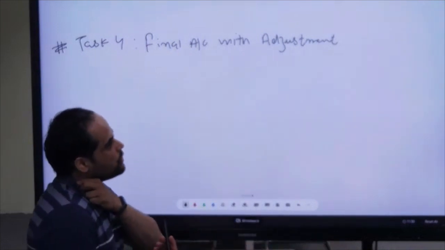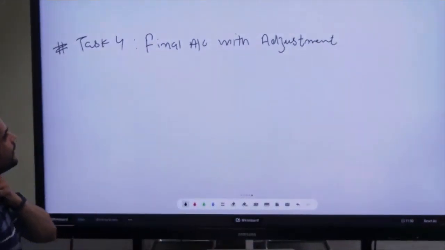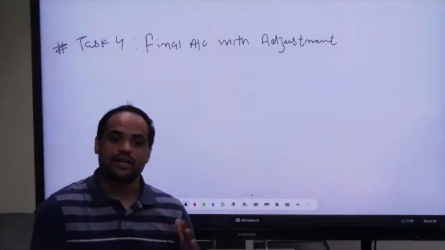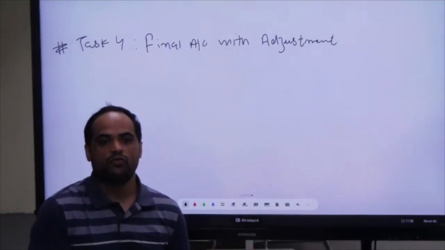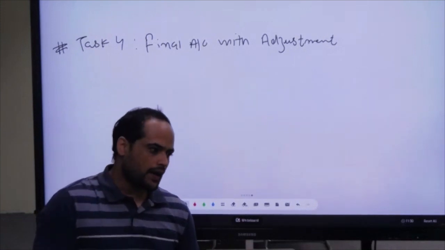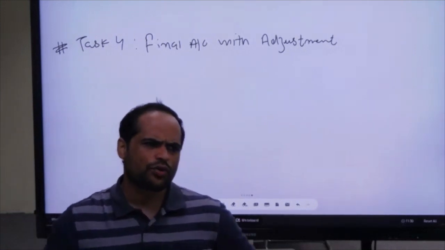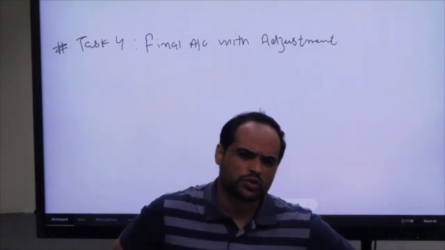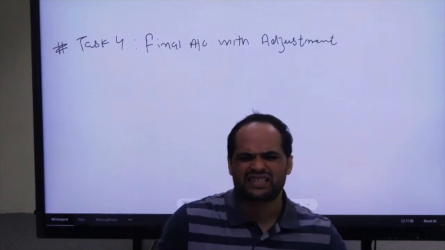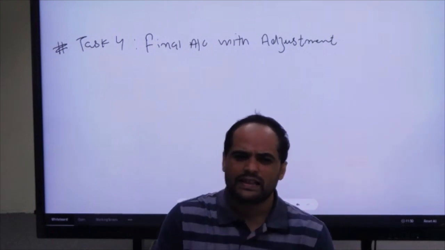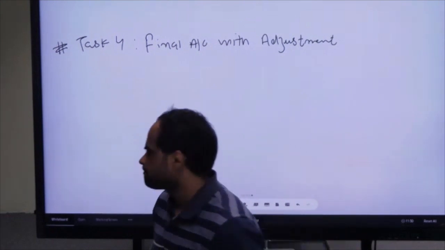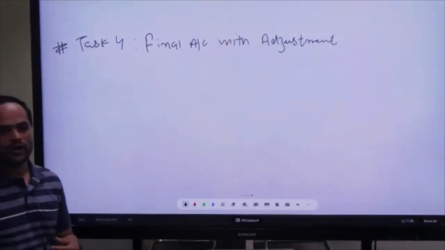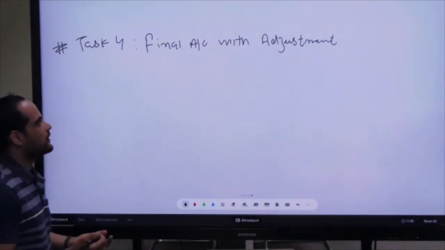First of all, remember, task 3 is separate from your task 4, right? In task 4, I won't go much into the theoretical way, so you don't have to focus much on the theory of what is the meaning of final accounts and adjustments. So I think you should explain the meaning of final accounts with adjustment.